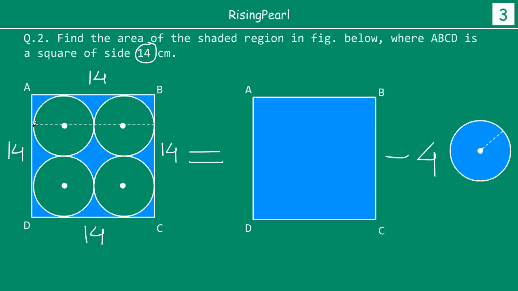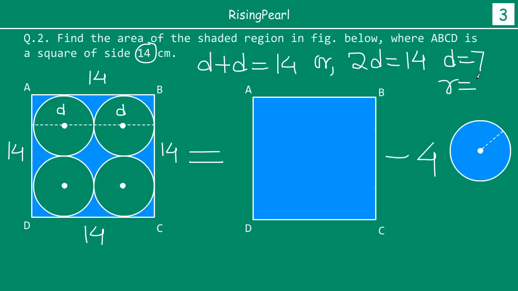So if I draw a straight diameter for the first circle, let's call its diameter D, and the diameter of the second circle, which is D, so what is given is that D plus D is equal to the length of the side of the square, which is 14. From here we find that twice D equals 14, or D equals 7.